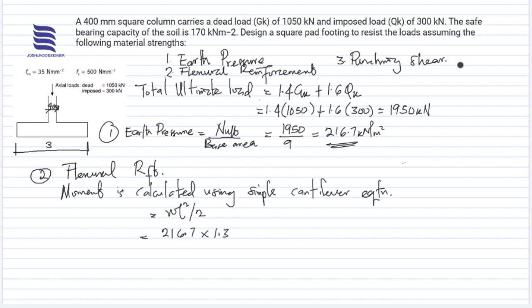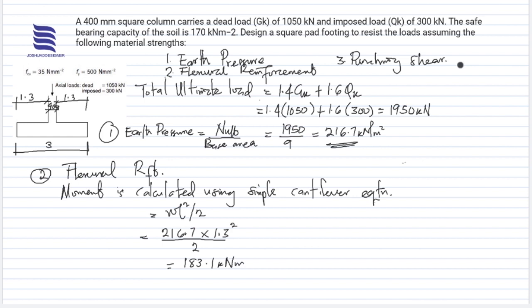Knowing full well that the dimension on the right will be the same as the dimension on the left, we would have 1.3, 1.3. That's why we have 1.3 here, divided by 2, all squared. So our moment here will be 183.1 kilonewton meter.